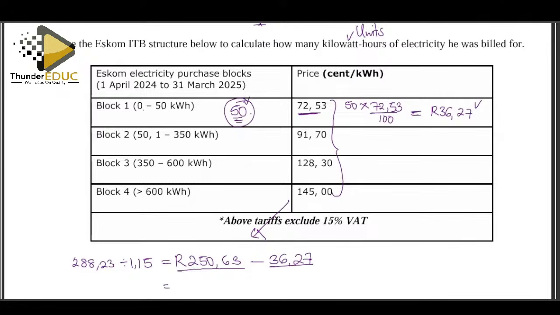So we come and we find what's remaining. Why am I subtracting? Because I'm catering now for the first 50, then we say he remains with this much.